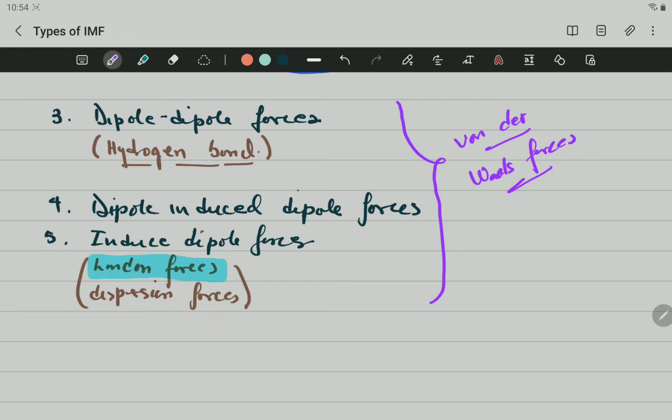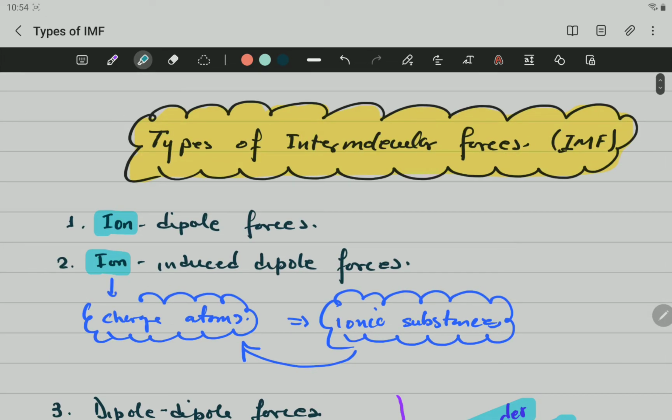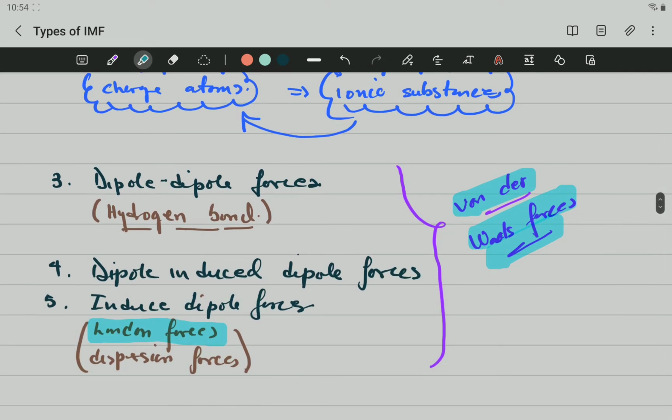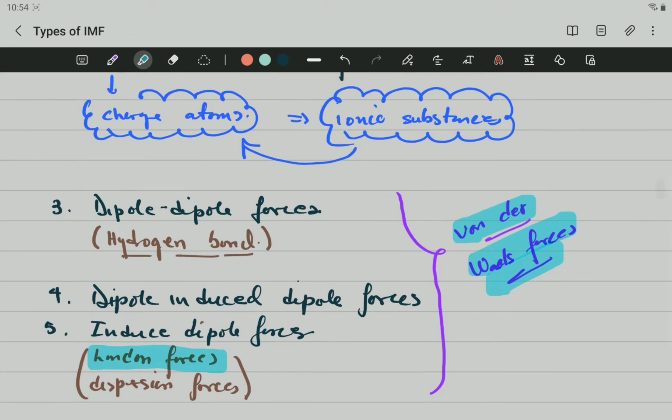So dipole-dipole forces, dipole-induced dipole forces, and induced dipole forces all belong to this group called van der Waals forces. In this video, we are going to focus on the first two groups, the ion forces, and then we'll make another video related to van der Waals, because I don't want to make the videos too long and this one needs a little bit of explanation.